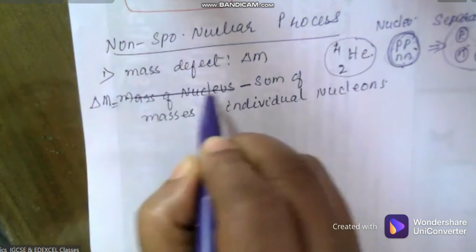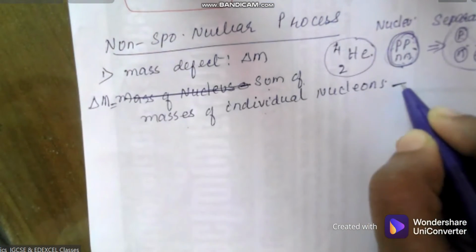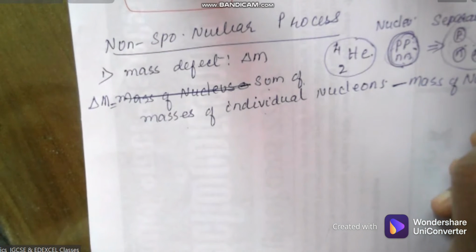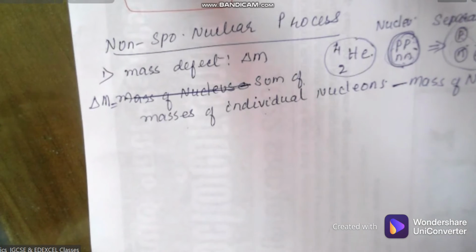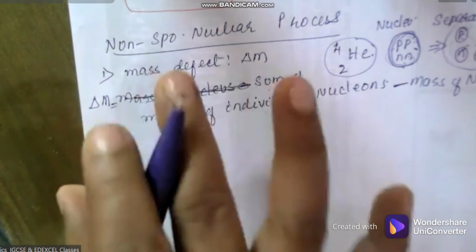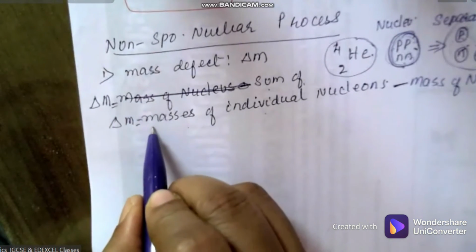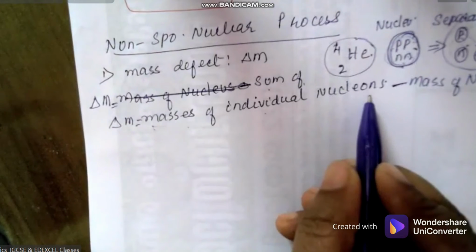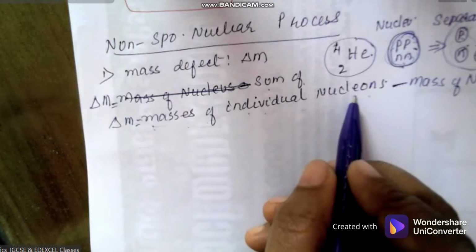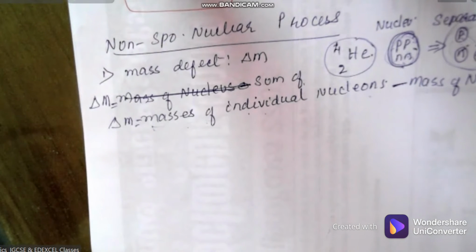So you can put the sum of the masses of the individual nucleons minus the mass of the nucleus. So this is mass defect. Mass defect delta M is equal to the sum of the masses of all nucleons minus the mass of the nucleus.